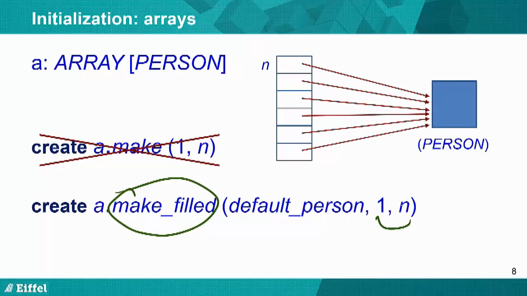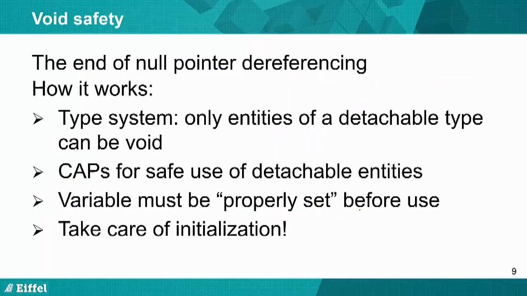So in this case, this means that all the elements of the array will be initialized to default_person, and so this assumes that we have some value default_person. I didn't write here the creation instruction to create default_person, but it's a person with default fields that you can easily define and create, and then everything is fine.